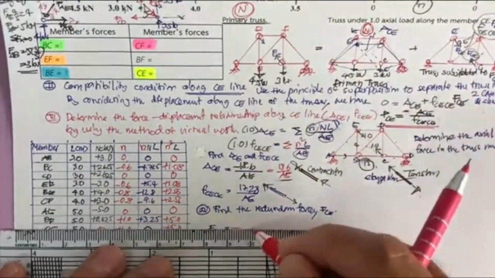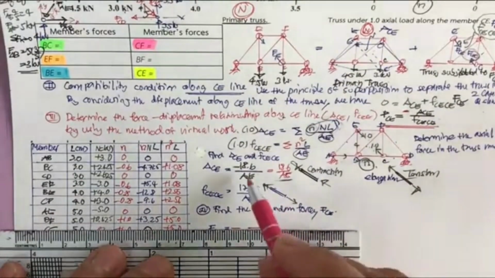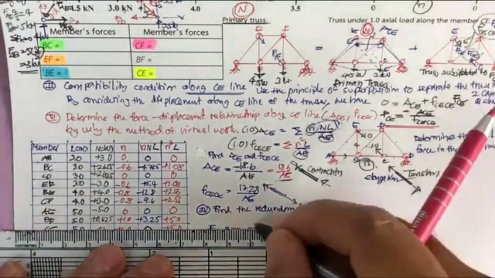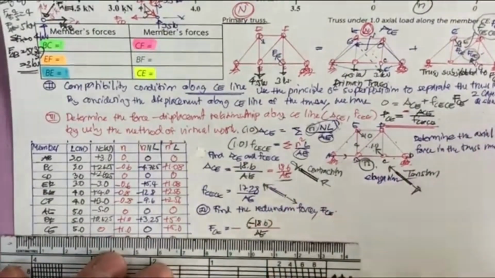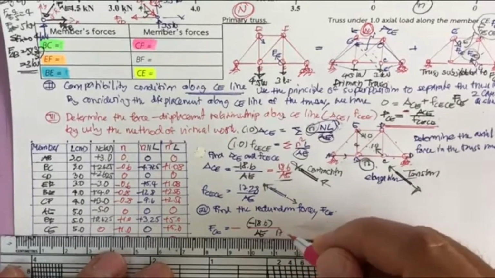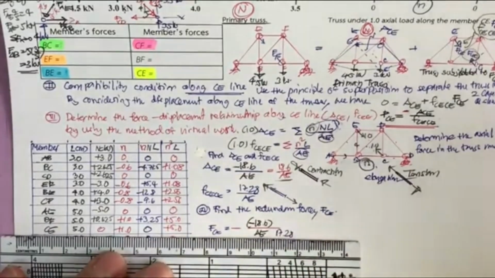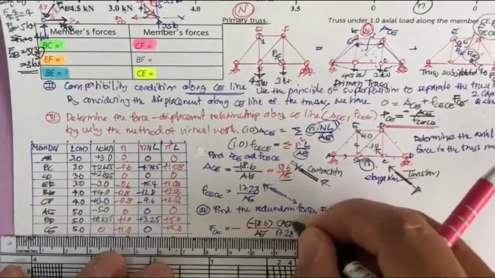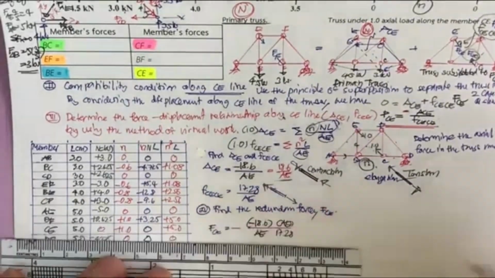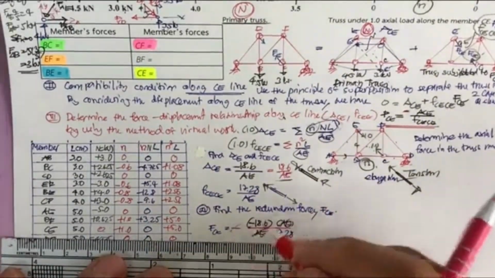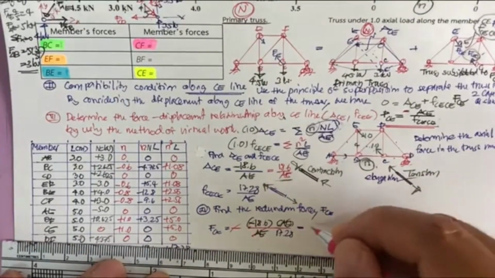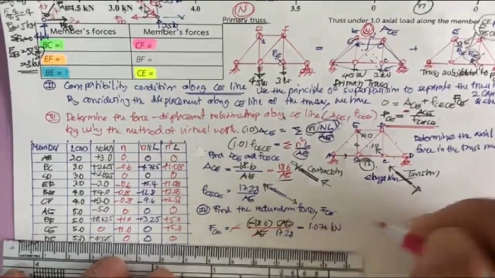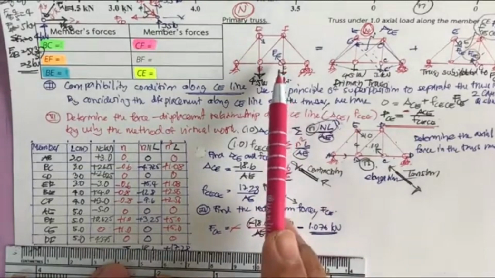So we have negative 18.6 divided by AE, and then this one is 17.28 also divided by AE, and you may get this one of 1.076. This is 1.076 kilonewton, and it's going to be in this direction.